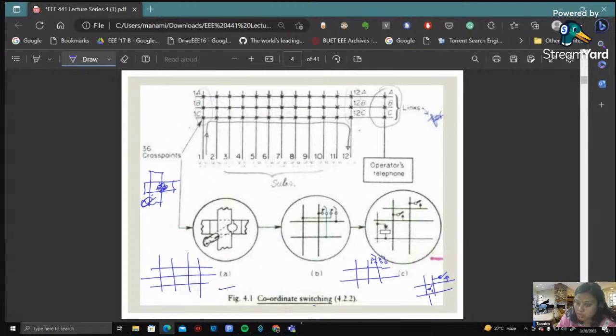Another, this is a diode, and I'm drawing this part right. This is a diode and this is a switch box, and the rest is just a switch and an arrow. All these are connected to the subscribers, the substations, and the operator's telephone.